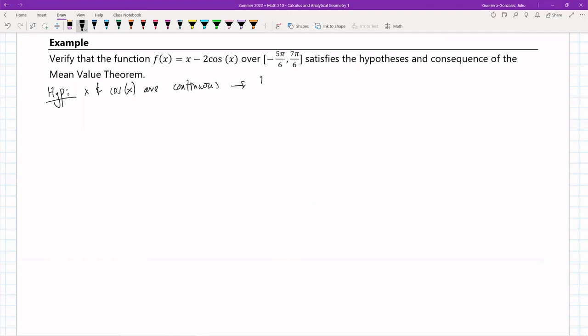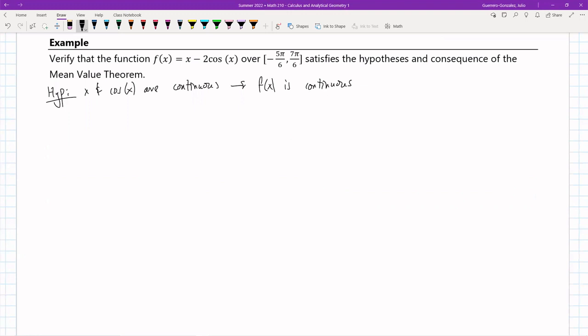So therefore, f of x is continuous. That's it, we just satisfied continuity. If you have two continuous functions and you add them together, that thing must be continuous. So thankfully, for the mean value theorem, we're done with the hypothesis.